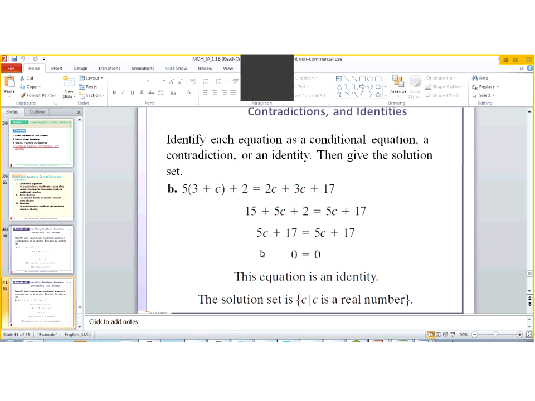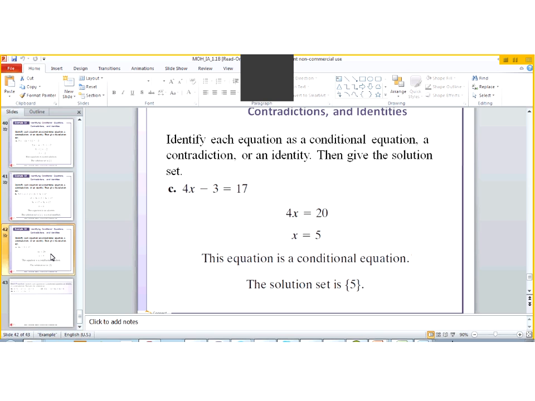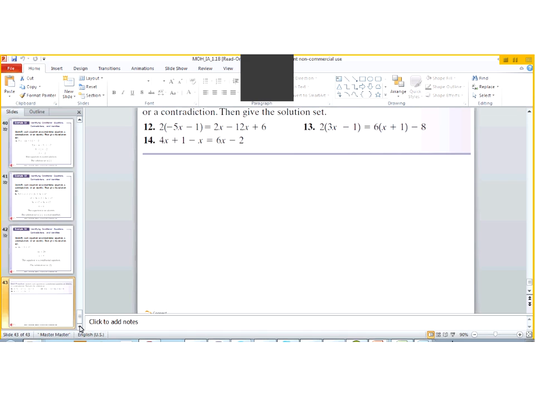I can pick any number for this equation and it would work. So that would be infinitely many solutions, or identity. You should be able to look at the equation, solve for them, and find whether there are no solutions, or one solution like in this case, or infinitely many solutions.